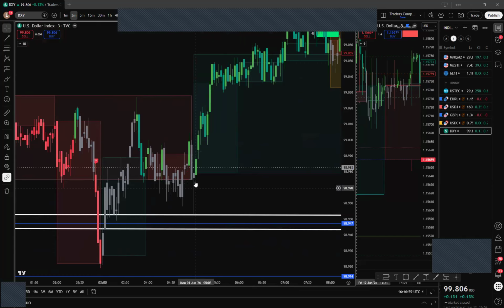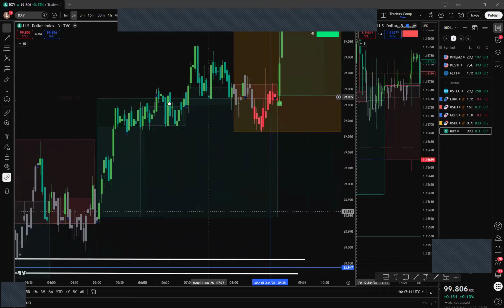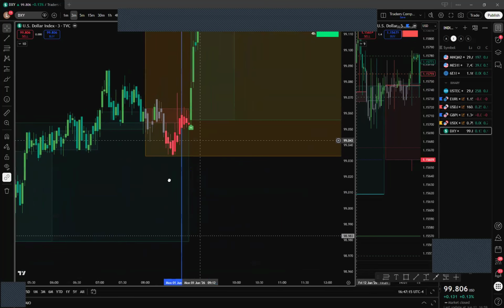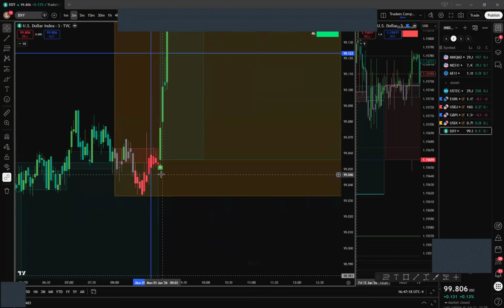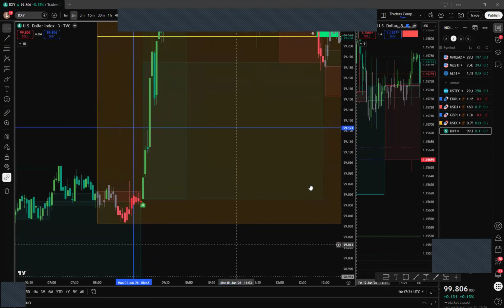Anyway, on a 3 minute, we get this beautiful rejection. Beautiful rejection. Goes from grey to green, and we could technically take the opposite of that trade as we went into London, as we went into New York. As we went into New York, I'm salivating at the mouth when I saw what happened at the New York Open.